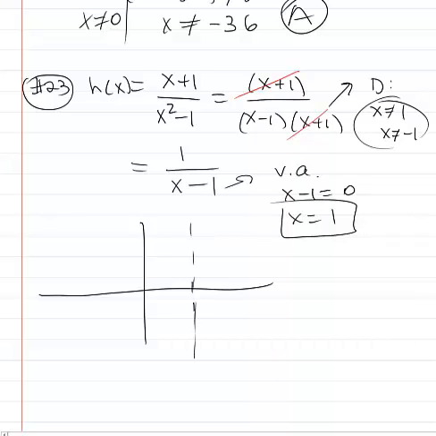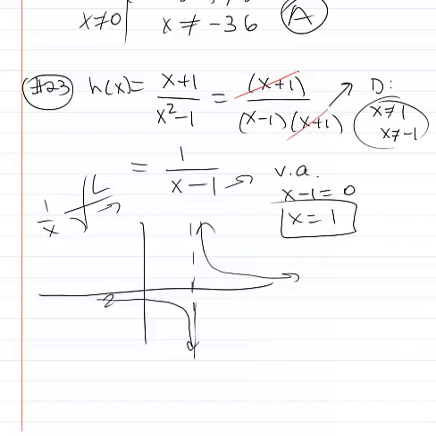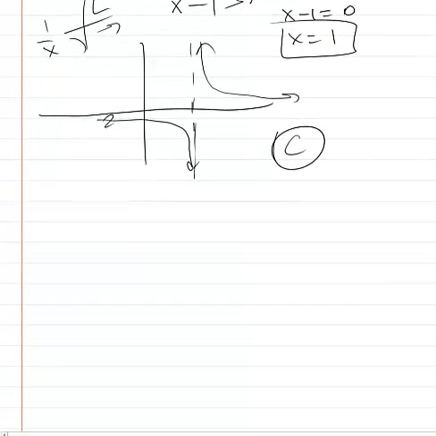This is going to be just a normal hyperbola, because it comes exactly from the parent, 1 over x, the one that looks like this. Then there's a shift 1 unit to the right because you have x minus 1. So answer choice C is correct. Remember, you need to simplify first.